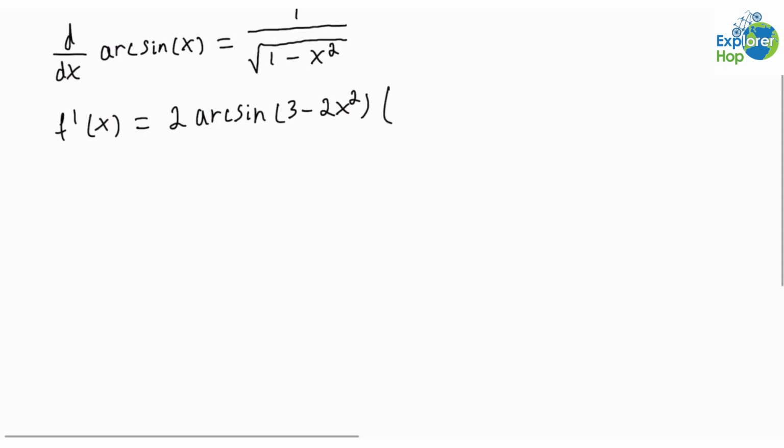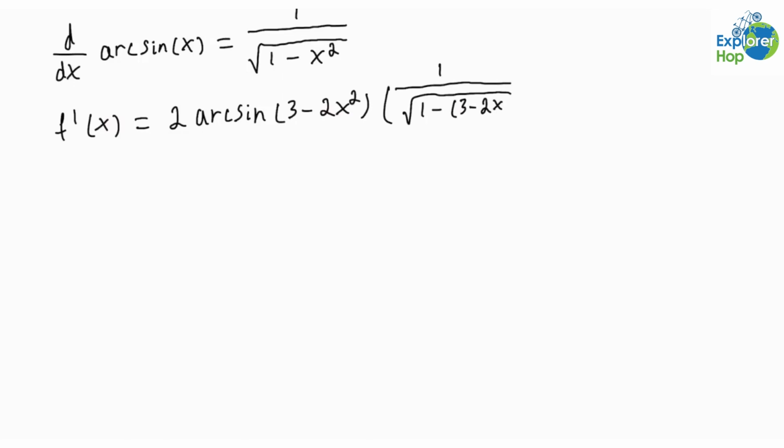So times 1 over the square root of 1 minus 3 minus 2x squared, squared.